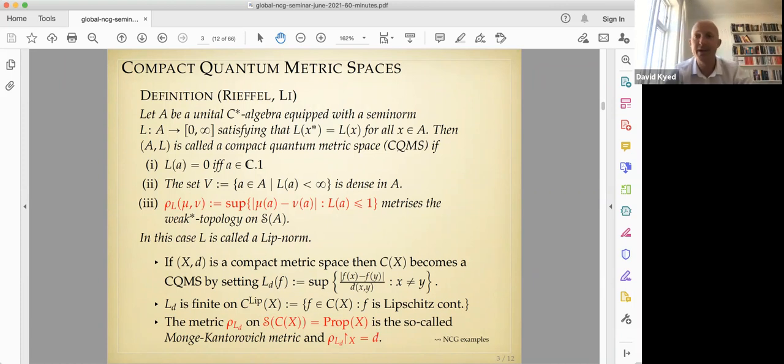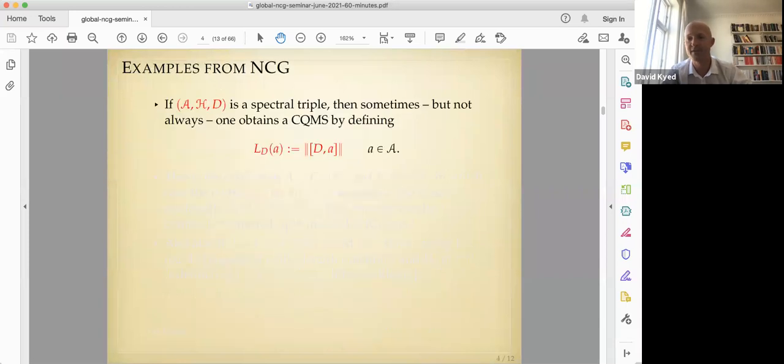Anyway, this is, of course, a non-commutative geometry seminar, so I should also connect to something non-commutative right away. And you can easily obtain natural examples from non-commutative geometry. So if you pick up a spectral triple, H is my Hilbert space, A is this star algebra of bounded operators in H, and D is my unbounded Dirac operator.